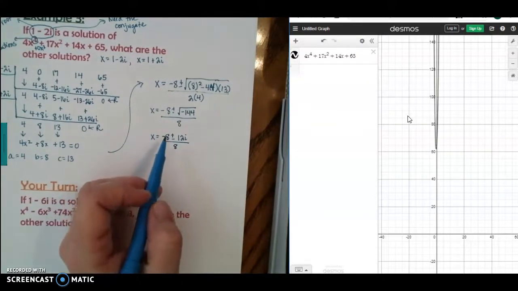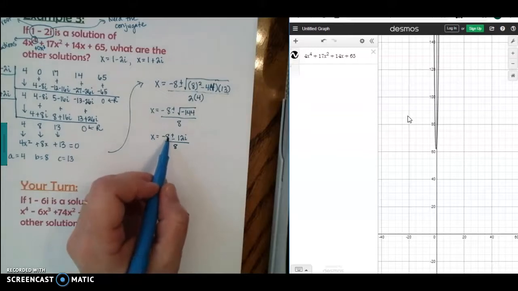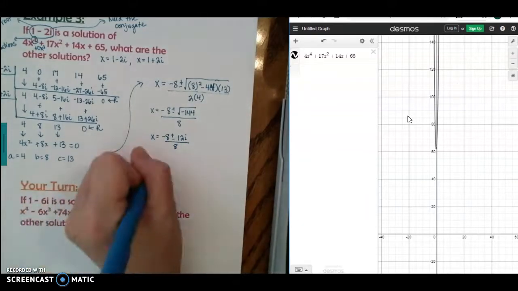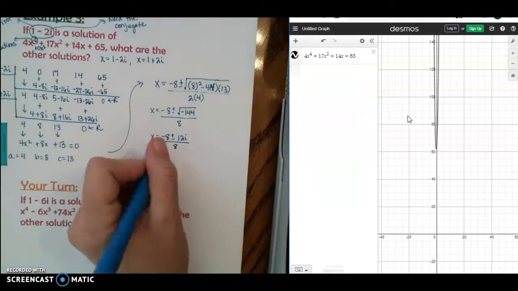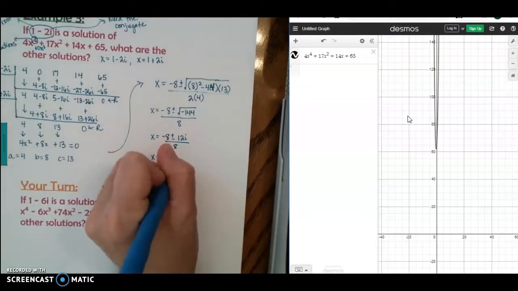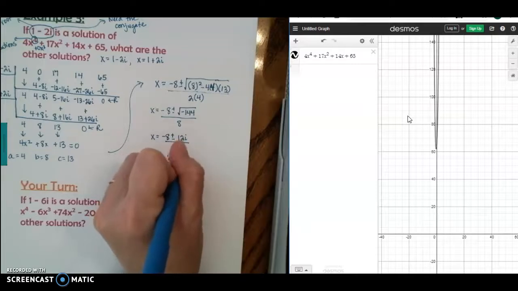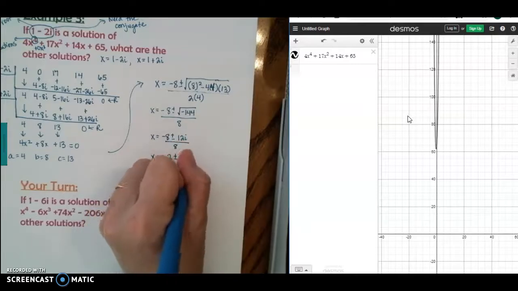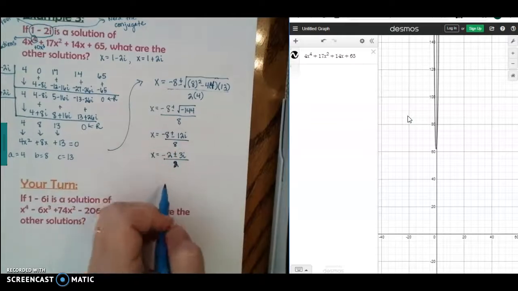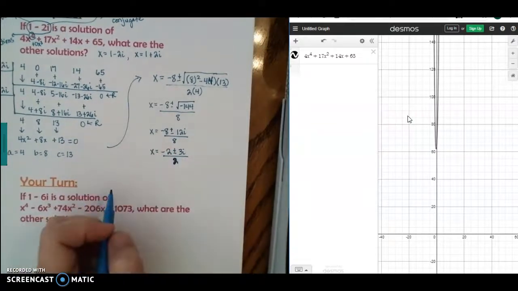And then you're going to ask yourself, okay, what's the biggest number that will go into 8 and 12? So that's 4. So you're going to say, okay, 4 will go into 8 2 times, 4 will go into 12 3 times, and then 4 will go into 8, 2 times, sorry. That's a 2 there, guys.